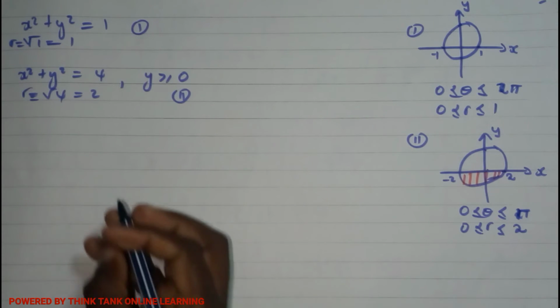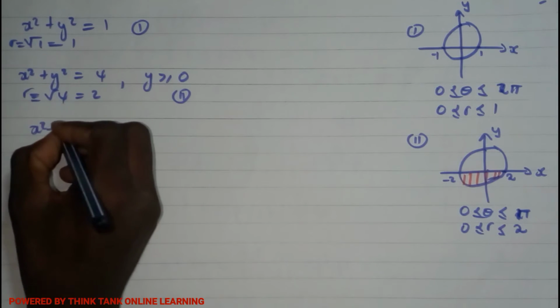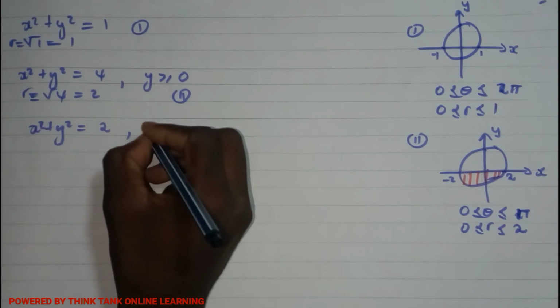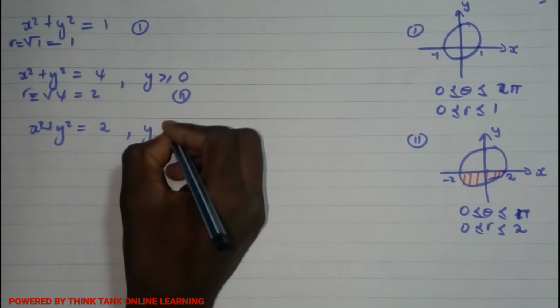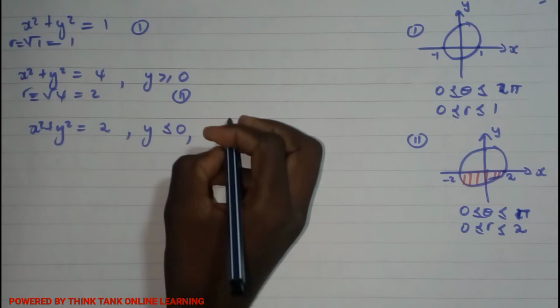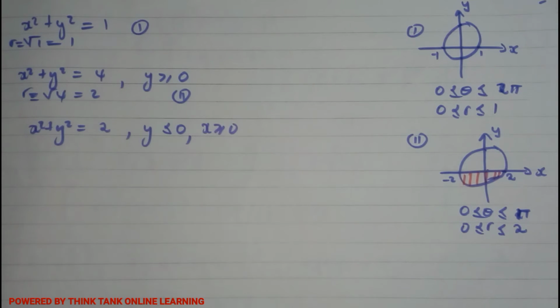Let's say we're given another equation, x squared plus y squared is equal to 2, and they say y is less than 0, and then that x is greater than or equal to 0.